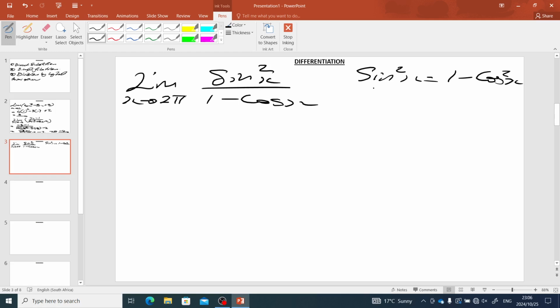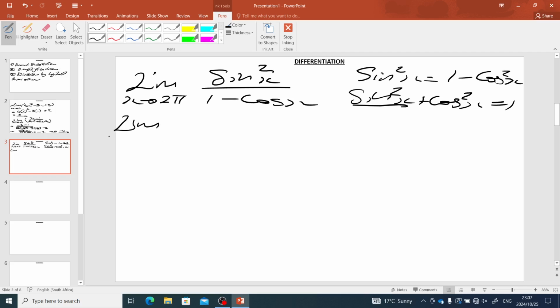It is taken from your identities: sine squared x plus cos squared x equals 1. When we transpose cos squared x to the other side, we are left with sine squared x. It means where there's sine squared x, we will substitute it with 1 minus cos squared x.